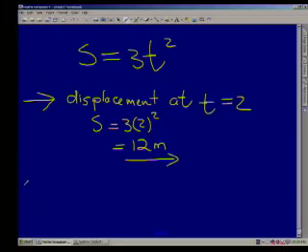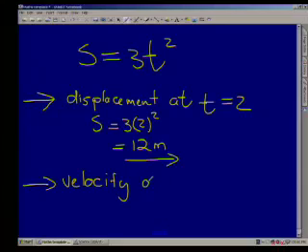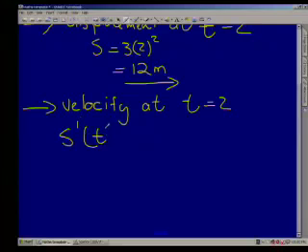Then they could ask me, what is the velocity after 2 seconds? Now I have a look and I say, at this stage, I do not have an equation that describes the velocity, but I do know that the first derivative of the displacement gives me the velocity. So then I'm going to say, right, S dash t, that is the derivative of the displacement, which is the same as the velocity at any given time.